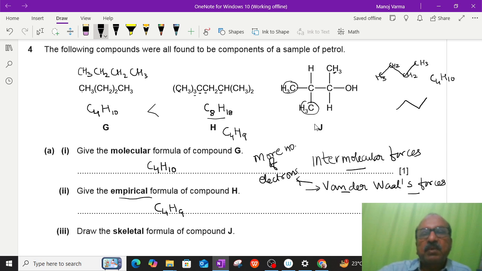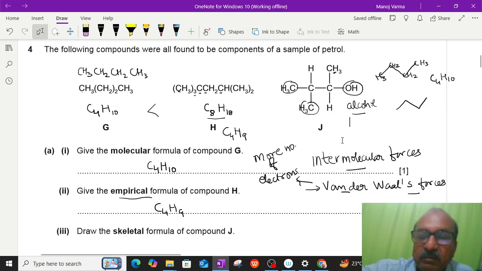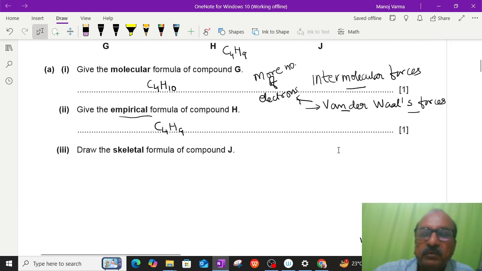But now look at the compound J. It's not a hydrocarbon, but an alcohol. OH, that's an alcohol. So when it is an alcohol, it will have different intermolecular forces. If you have read intermolecular forces in your syllabus, then whenever you have an OH group, where the hydrogen is joined to an electronegative atom like oxygen, we can have the stronger intermolecular forces called hydrogen bonding.